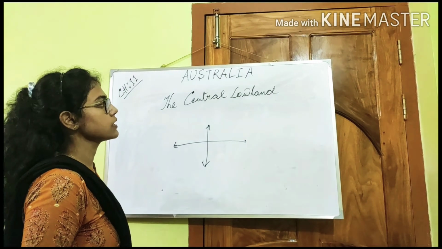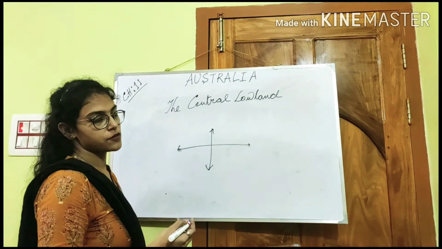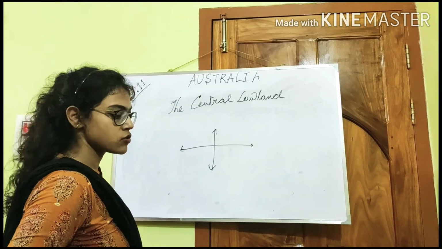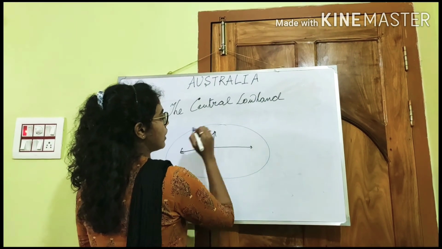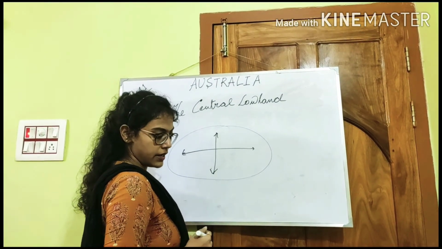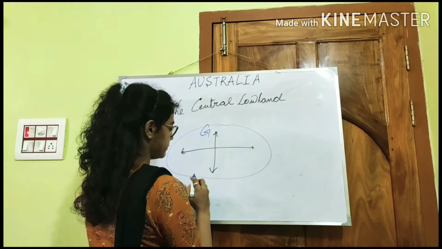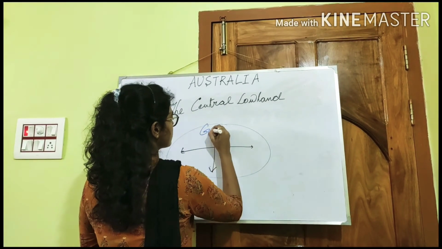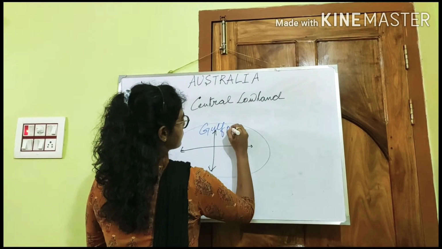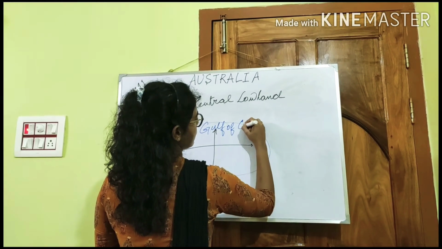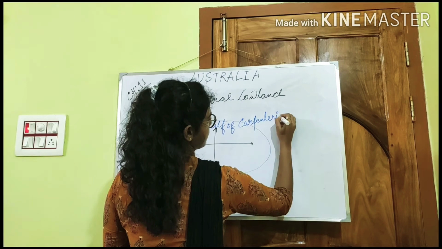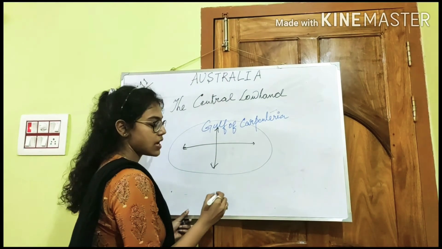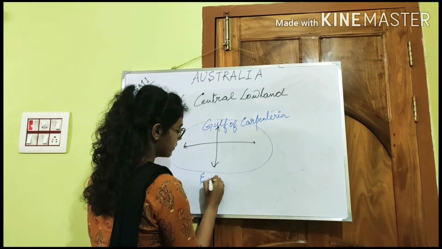Our next physical feature of Australia is the Central Lowland. The Central Lowland is the area in the north part, in the Gulf of Carpentaria. In the south part, that is the Encounter Bay.